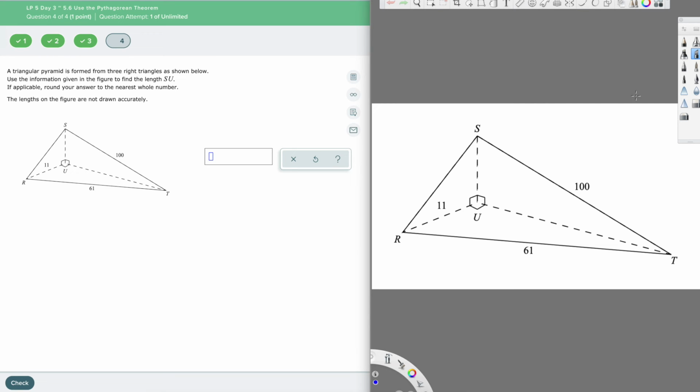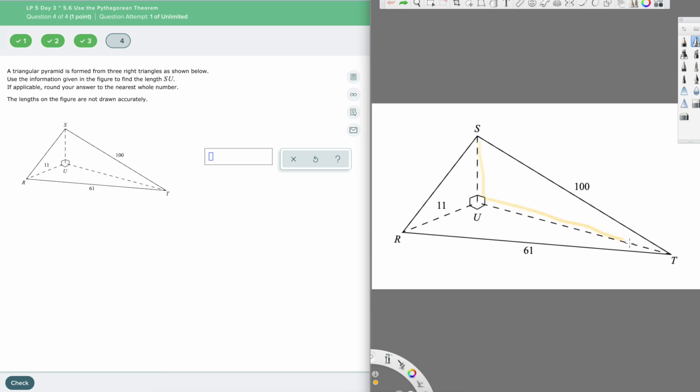So if I use my little highlighter tool here, I'll go yellow. Let's see, can I get more? Oh, airbrush. Sorry, I was trying to get it a little bit more specific.